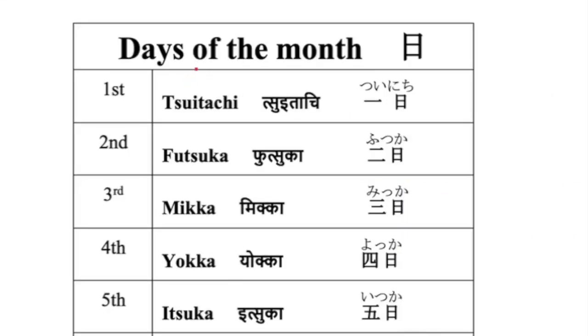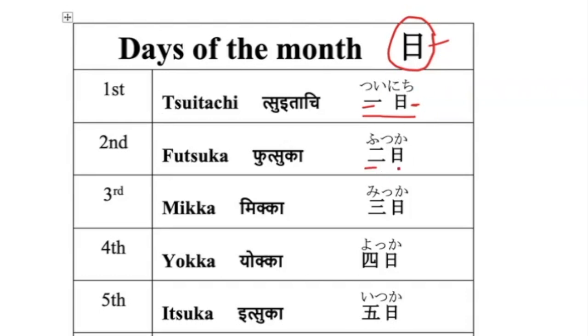Now, the counter for days of the month is this kanji. The kunyomi of this kanji is hi, meaning day or sun. Its onyomi is nichi. But from the 1st to the 10th of the days of the month, the reading is a bit different. So the first day of the month is tsuitachi, though the kanji is ichi and this nichi, but it is tsuitachi.